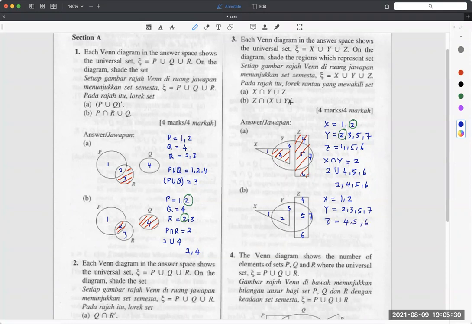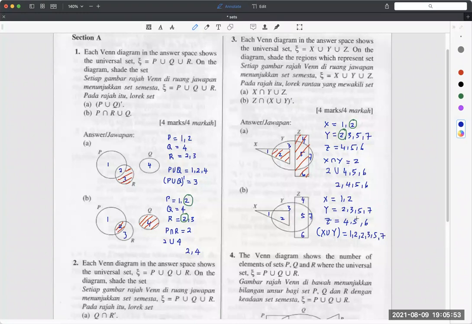Okay, now soalan. Again, bila ada kurungan, we work with the ones in the brackets dulu. Right? So X union Y. Look at the list. Union means we combine all the areas. So X and Y, 1, 2, 2, 3, 5, 7.